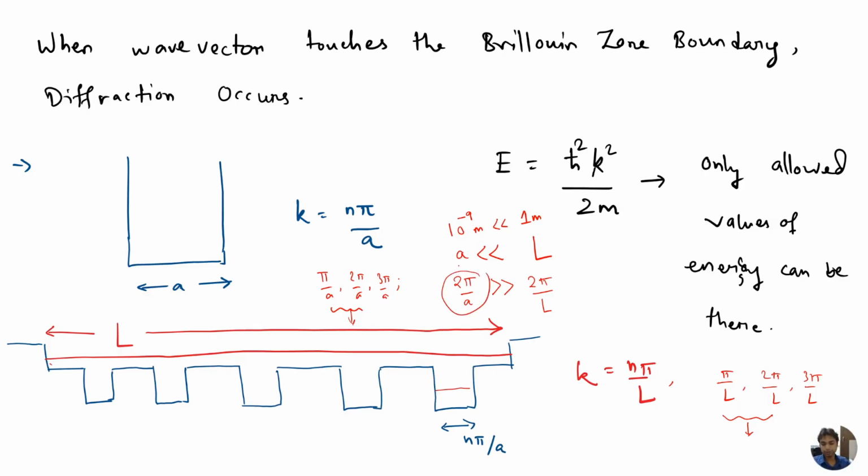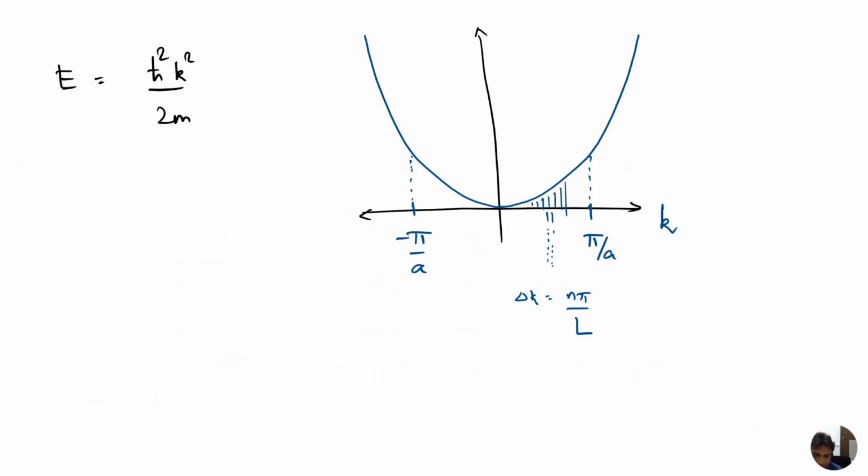And the energy we have is E equal to h bar square k square by 2m. So h bar square by 2m, k square is n square pi square by L square or A square, based on what is the value of L. So now, if you try to plot this pi by A in the k space, if you plot pi by A to minus pi by A, it looks like this.